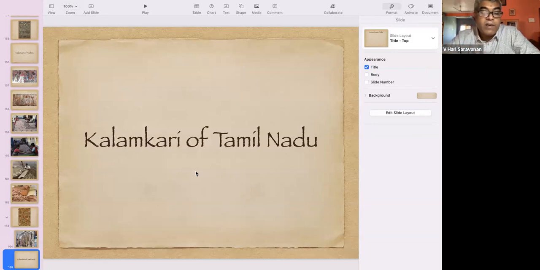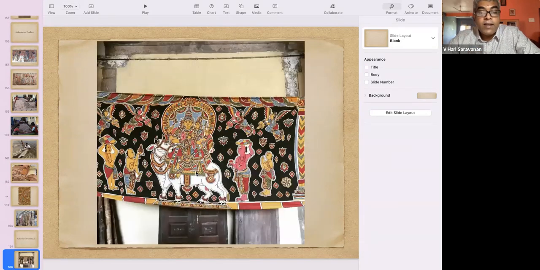And this particular art form was mostly patronized by the Tanjavur Marathas. And this art form again is used as wall hangings in the temples during festivals like this one you see of Lord Shiva and Parvati on the Nandi Vahana, surrounded by devotees.